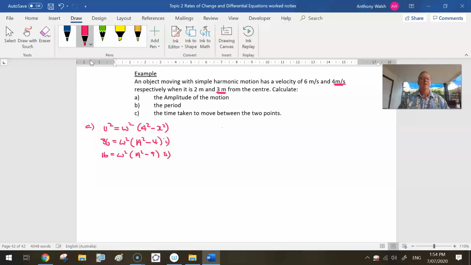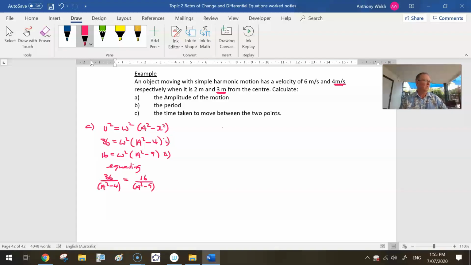Now both of those can be arranged to get omega squared by itself. So if I can do that, I can get one single equation with only A, the amplitude, as the unknown. So omega squared would be equal to, from equation 1, 36 on A squared minus 4. And from equation 2, omega squared would be equal to 16 on A squared minus 9.